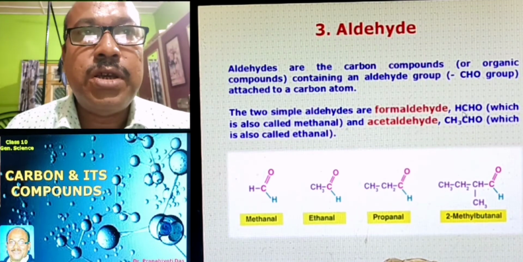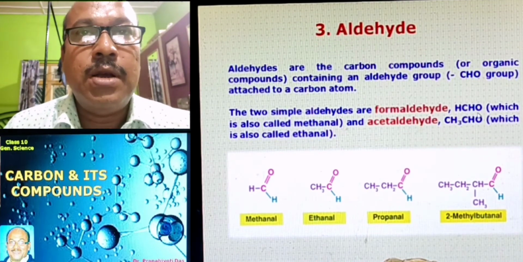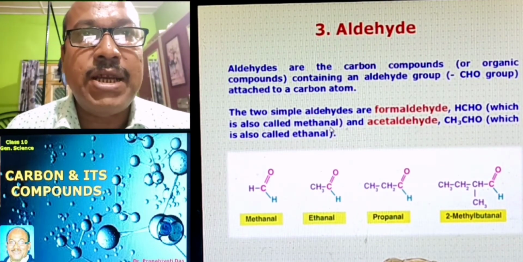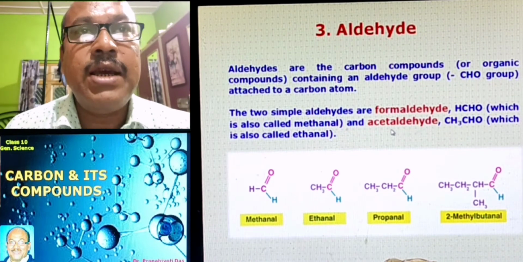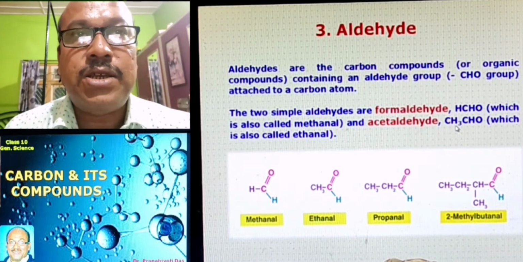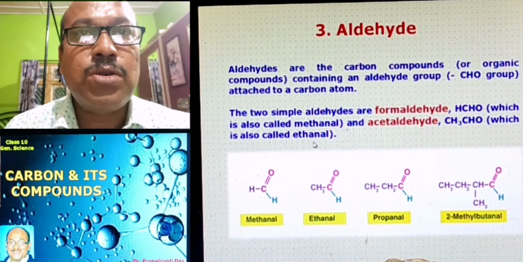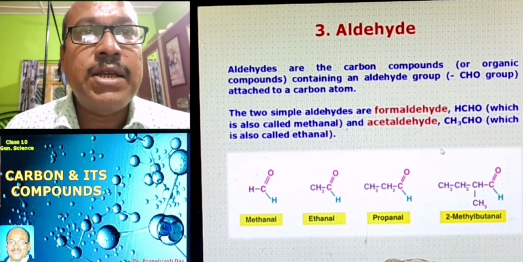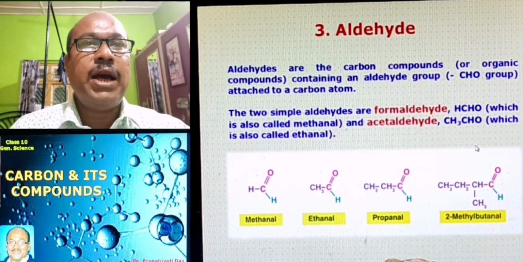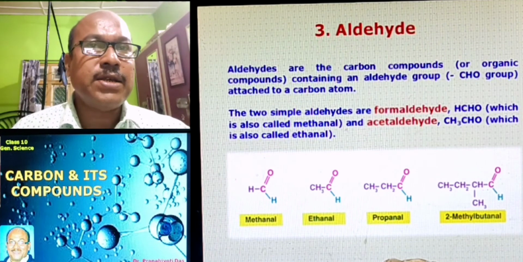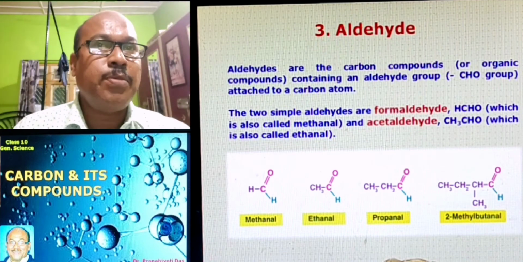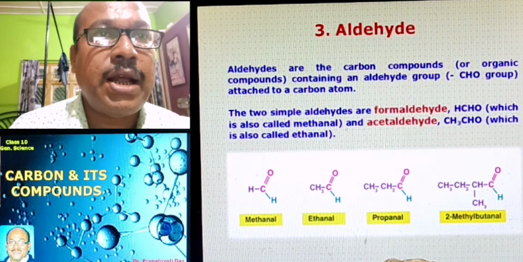Formaldehyde is HCHO, which is also called methanal. Methanal, the last AL is coming. And acetaldehyde is CH3CHO, which is also called ethanal. Methanal, ethanal. So these are aldehydes. All aldehydes are named by adding a suffix at the end of their name, and that is AL. Methanal, ethanal, propanal, butanal, pentanal, hexanal, like that.